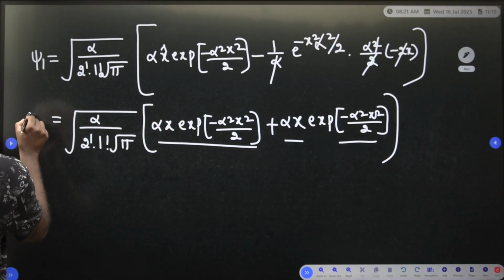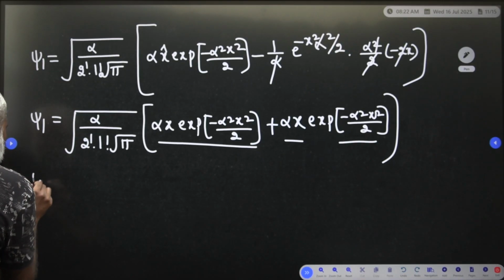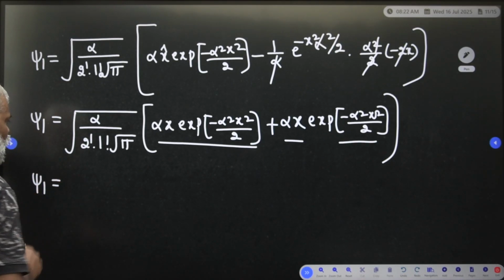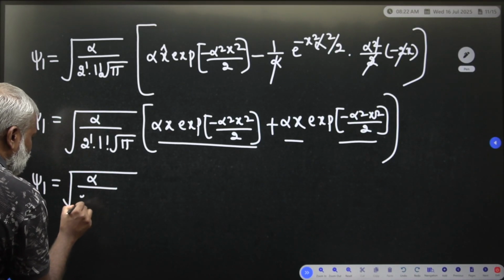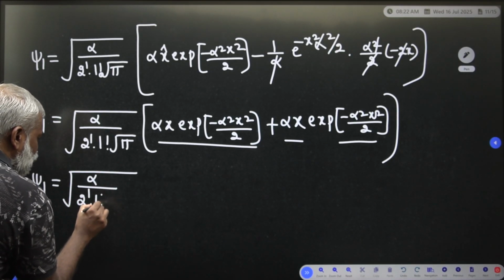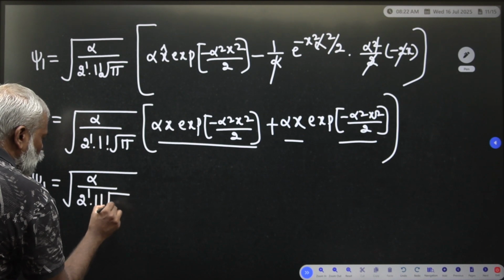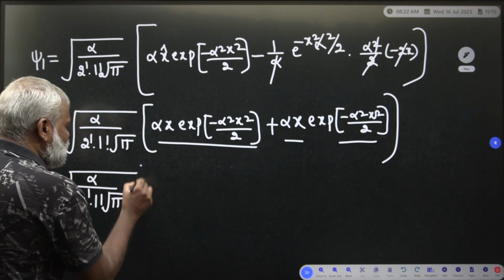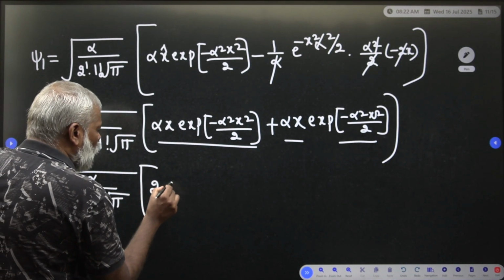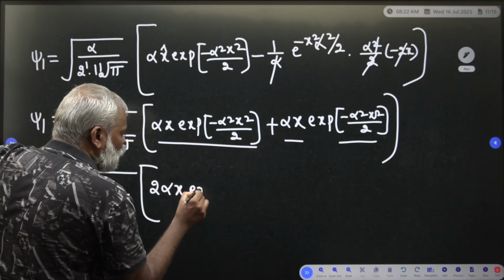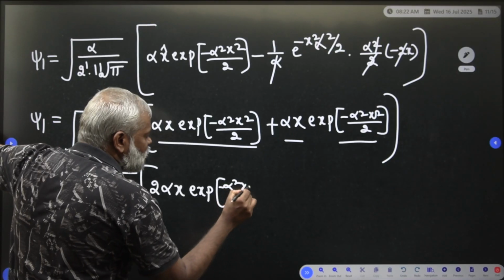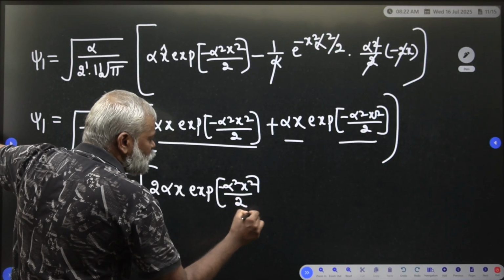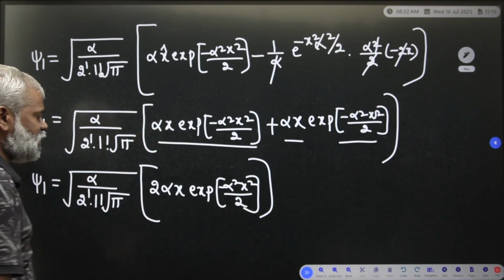So therefore psi 1, the first excited state wave function, is equal to square root of alpha divided by 2 to the power of 1 into 1 factorial into root pi, into 2 alpha x exponential of minus alpha square x square divided by 2. So this is the first excited state wave function.